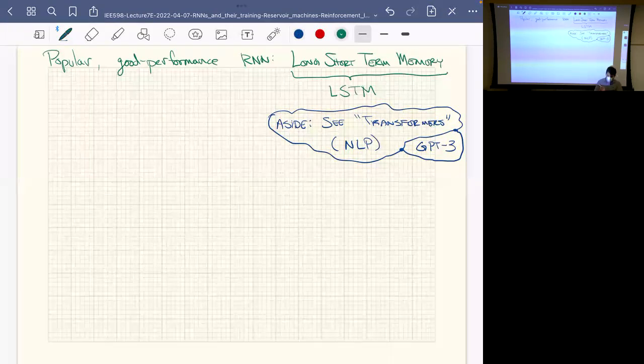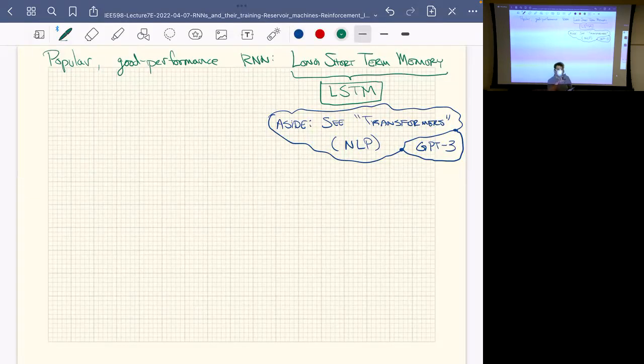LSTM is a type of recurrent neural network that simplifies the generic recurrent neural network so that there are kind of compartments, so not everything connects to everything, but it's broken up in an intelligent way.